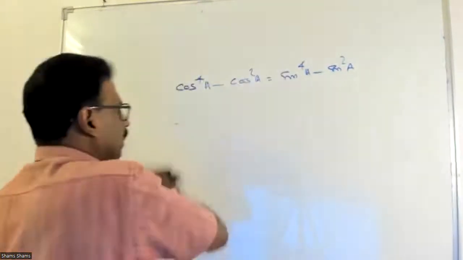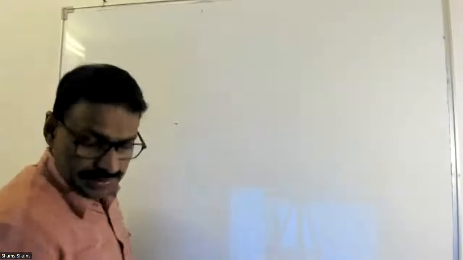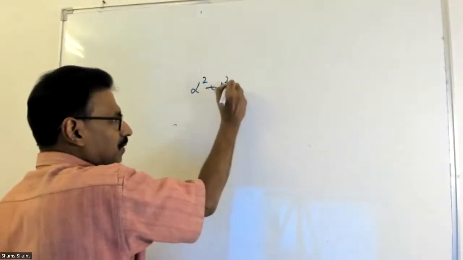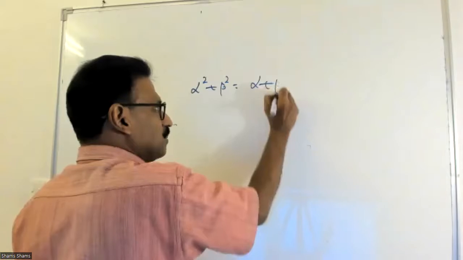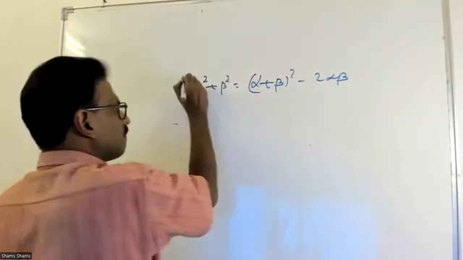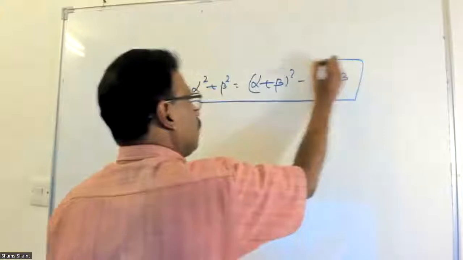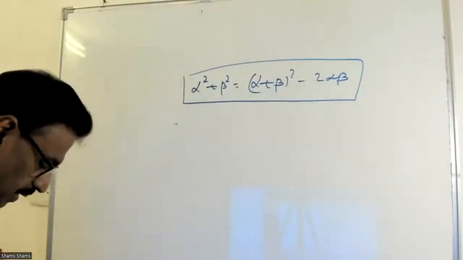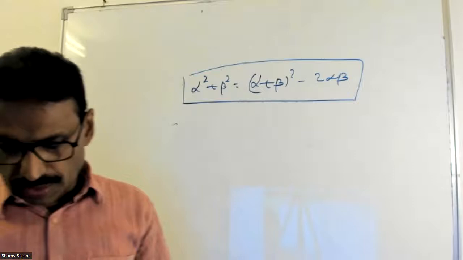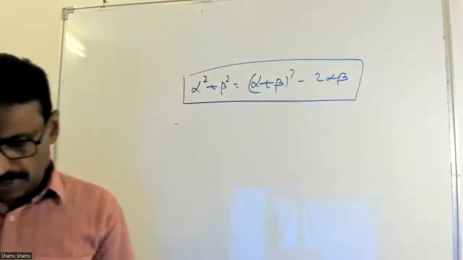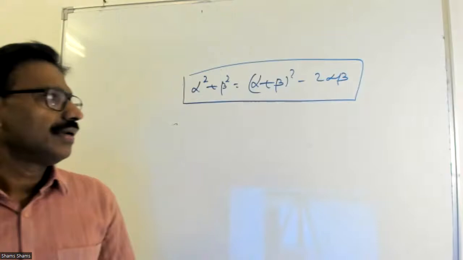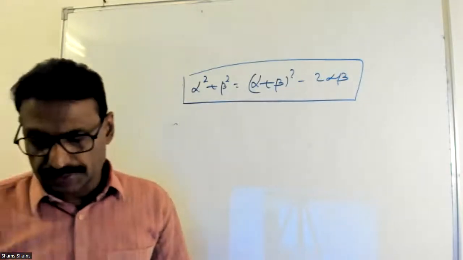You remember in polynomials, we studied one identity: alpha square plus beta square equals alpha plus beta whole square minus 2 alpha beta, right? We applied this in polynomials. Write again: alpha square plus beta square equals alpha plus beta whole square minus 2 alpha beta.